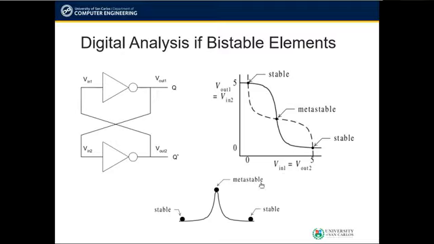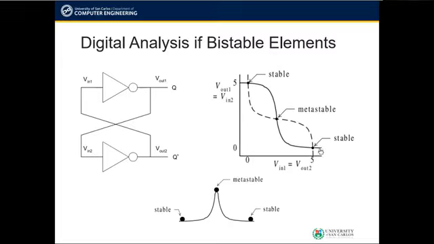If we look at it the other way around, we can see that when Vout2 or Vin1 is logic 1 or approximately 5 volts, Vin2 or Vout1 is logic 0 or approximately 0 volts. This is considered a stable state, and the circuit is capable of holding this state indefinitely.